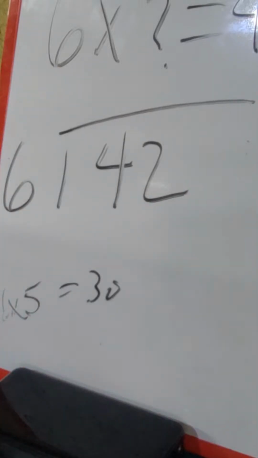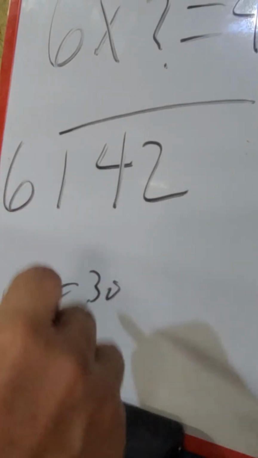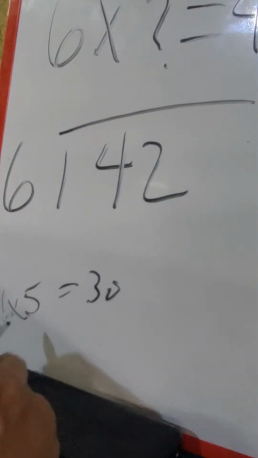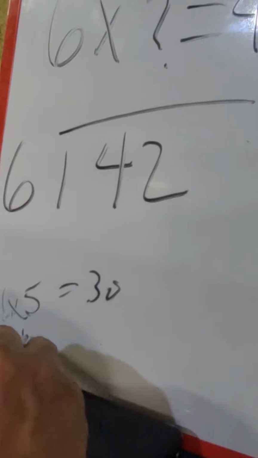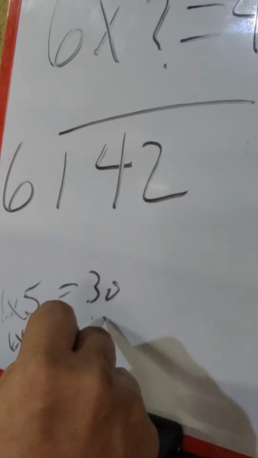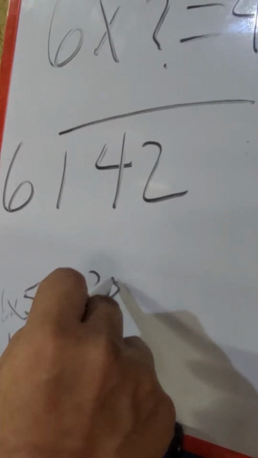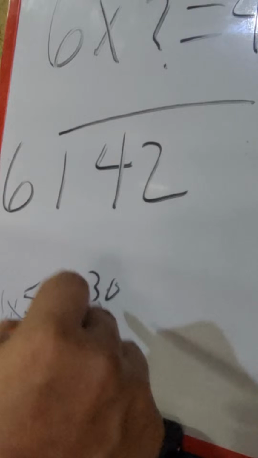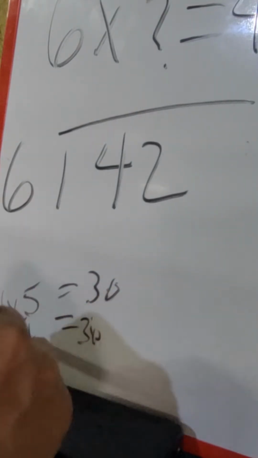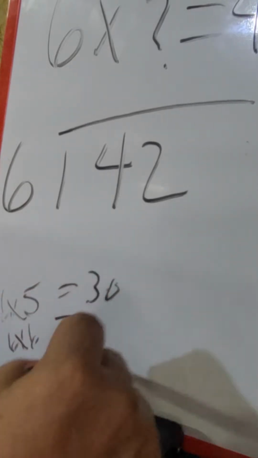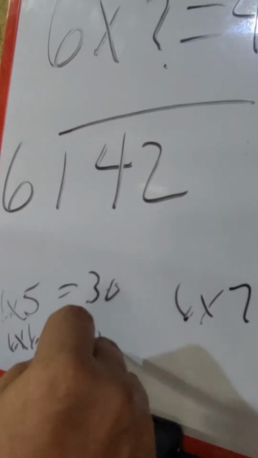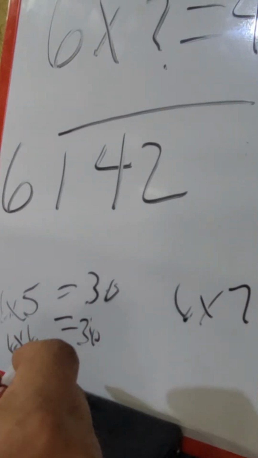It's going to be more because you still have too much room there. You have to get as close to 42 as possible. So 6 times 6 is? 36. There you go. Why? Because multiplication is addition. You add 6 more, 6 more, 6 more. So it's 36. So 6 times 7 equals 42.